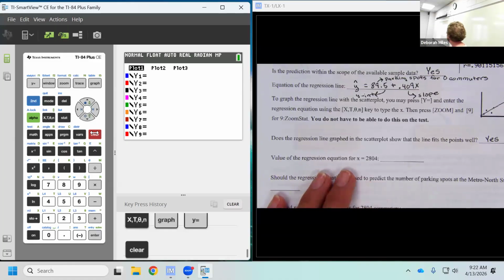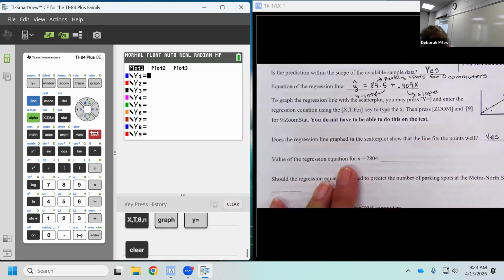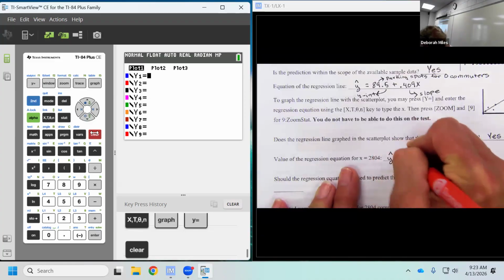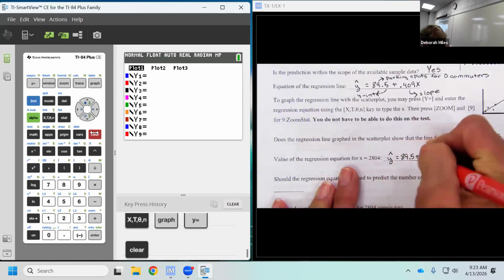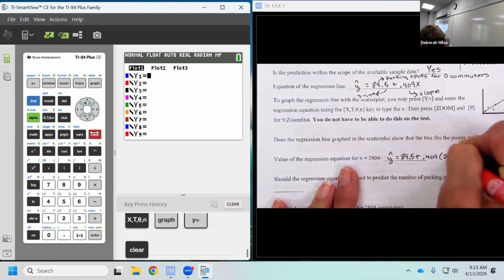The calculator gave us a regression equation and then asked me to find the value of the regression equation for x equals the prediction value, 2,804. So y hat would be 89.5 plus 0.409 times 2,804.